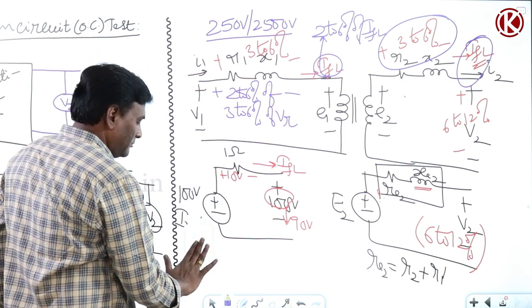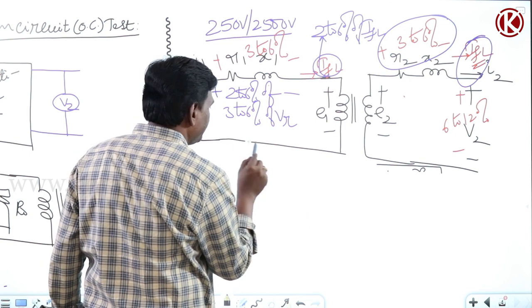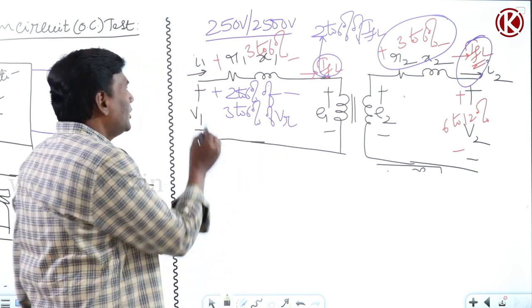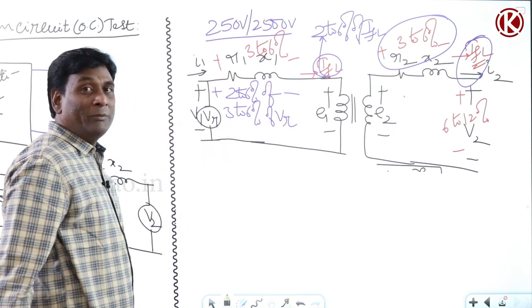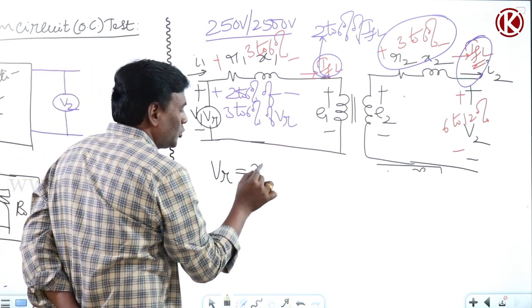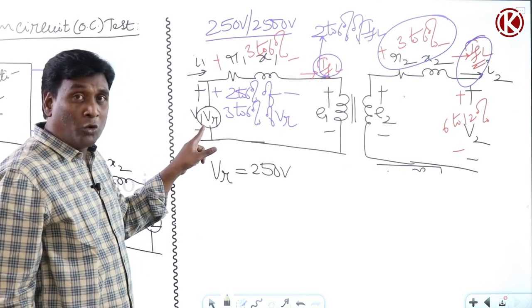So for example, let me erase this. My rated voltage is, for example, 250 volts. Now if I connect a voltmeter here, how much will be V rated? This side V rated will show you 250 volts. Now in this 250 volts, two components will be there.